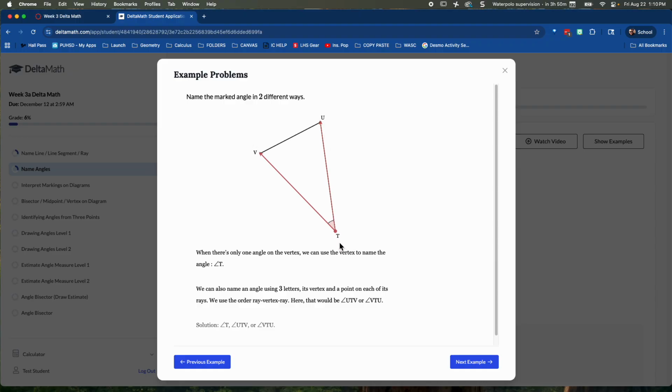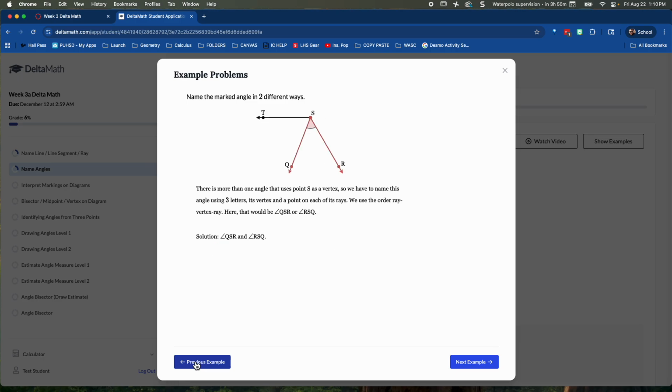Or because this is in a corner of a triangle or some sort of shape where that corner just as easily identifies the exact angle that I want, I could simply call it angle T. But that's only if it can't be confused with anything else.